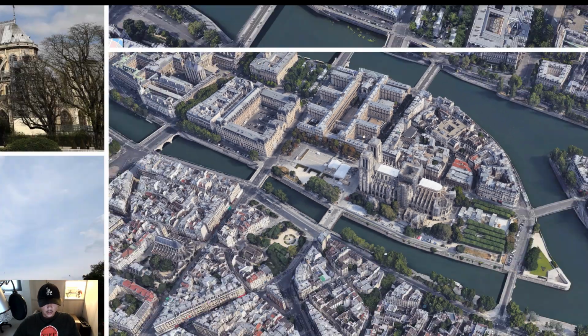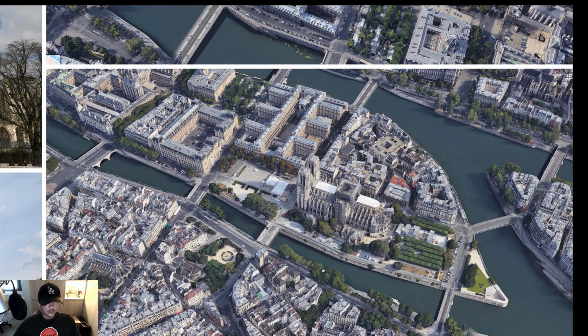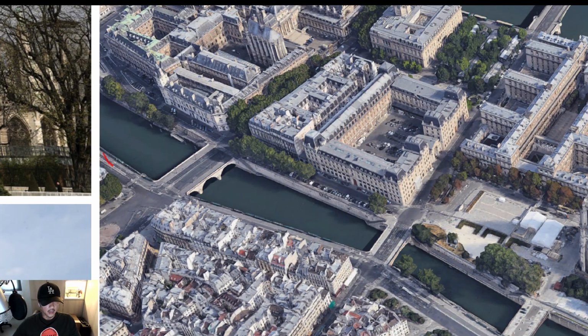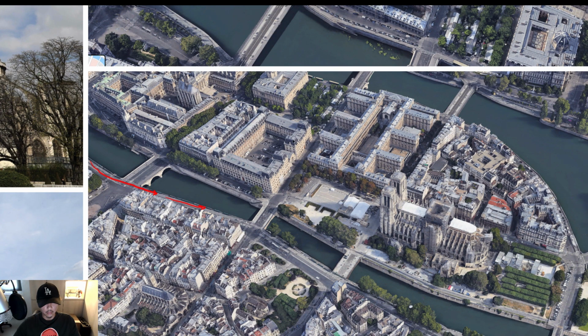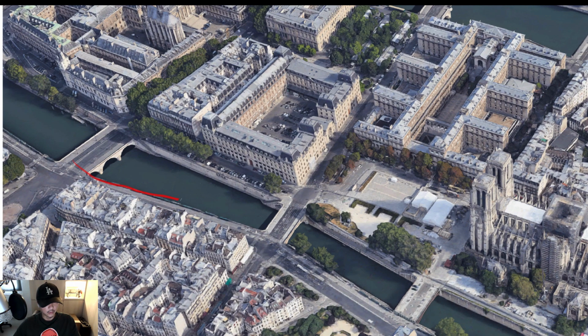So north is up here, west is to our left. If a tourist was coming in from the left and walked this way, as they walk along this road here, they could only see the top of the towers. There are trees here, there are little shops, there are all sorts of stuff along the road. You cannot get a clear shot of this building as you walk from the northwest.